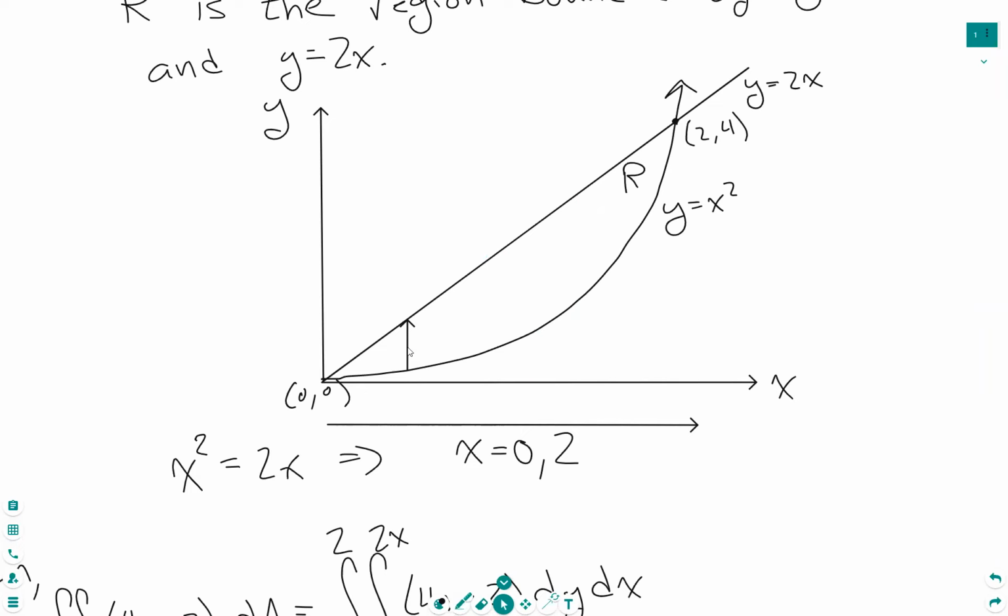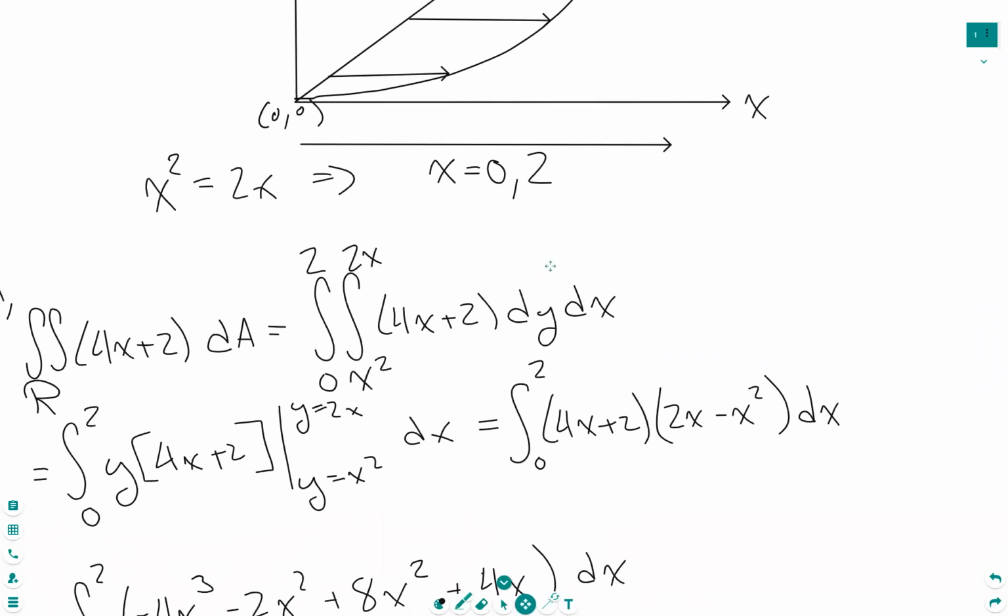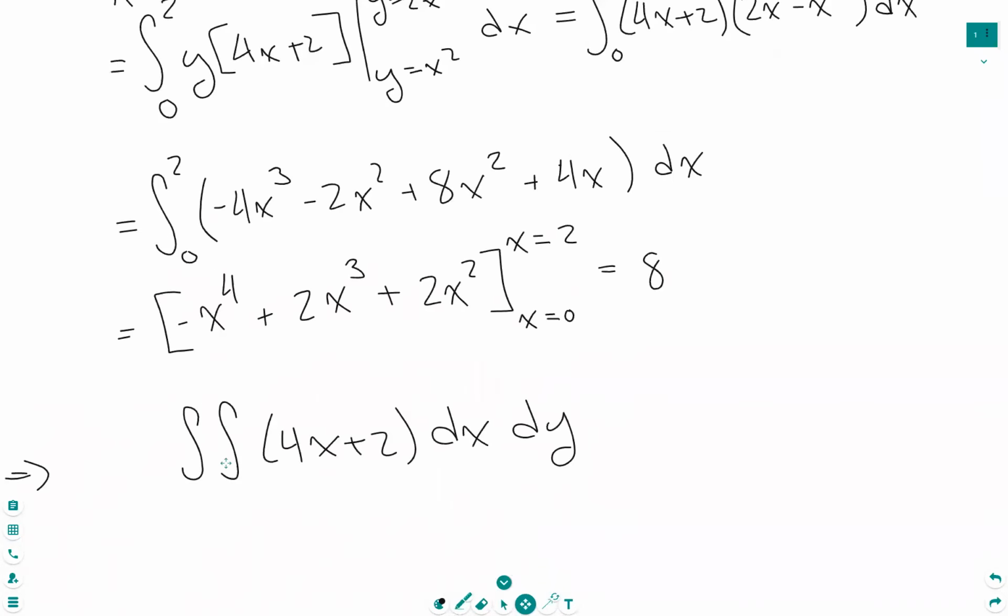So now we're doing horizontal traces, and they start on the line and end on the parabola. But we can't just write 2x and x squared, right? Because if we wrote these in terms of x and we integrated out x and then plugged in functions of x, we didn't get rid of x, right?